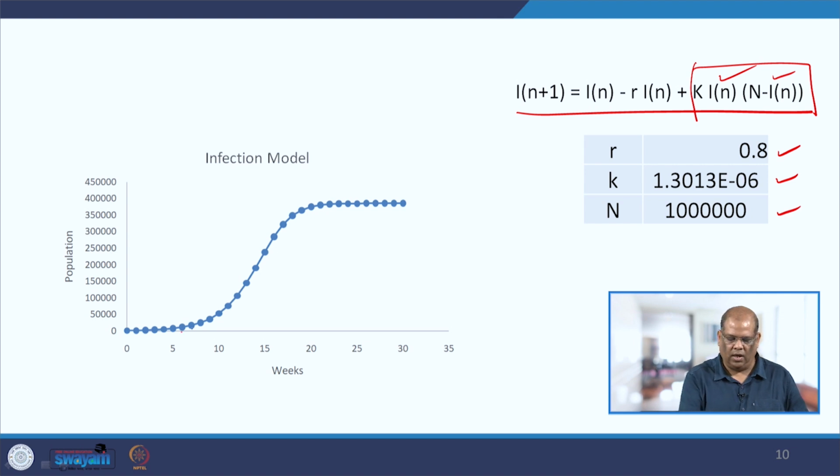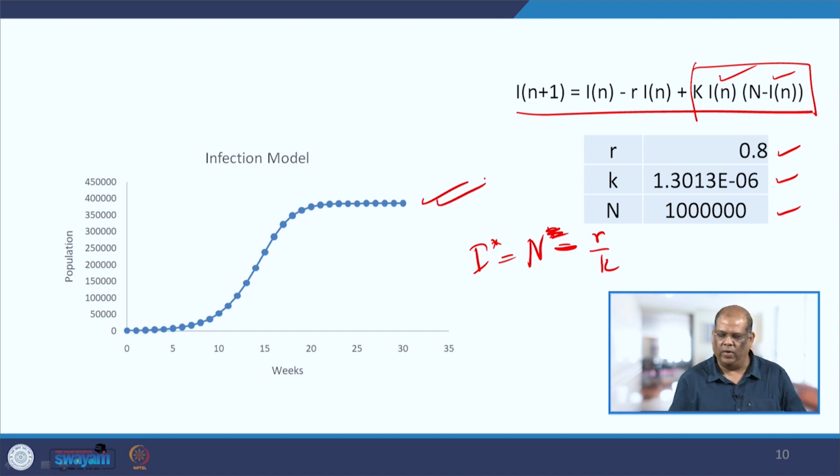You have seen that the model is stable about the equilibrium point I star equal to n minus r by k. This is your I star, and this is the value where it has reached. So, with this model the population will reach a steady value which is equivalent to n minus r by k. You can substitute these values and easily calculate.